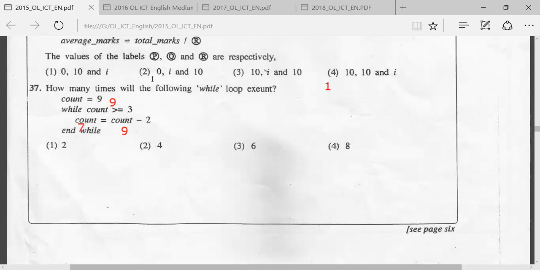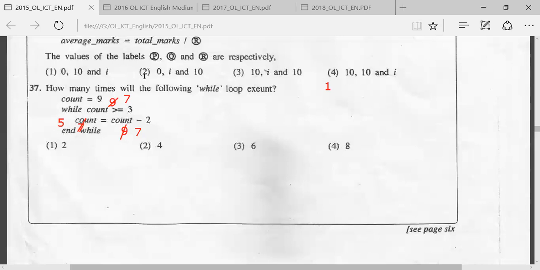Then it will go back here and the count will be 7. 7 greater than or equal 3, which is true. So count equal count minus 2, currently the count is 7. 7 minus 2, it will be 5. So 2 times iteration done.